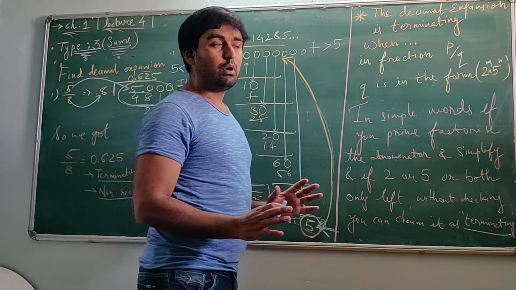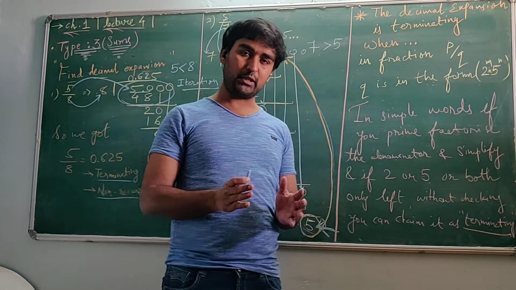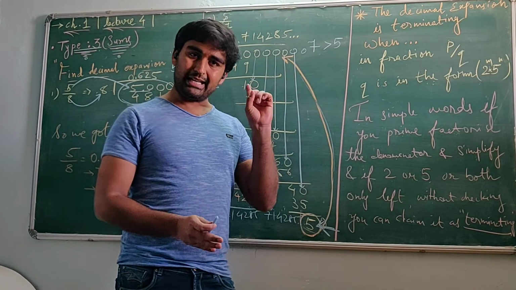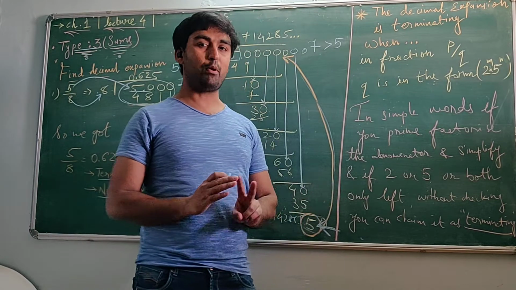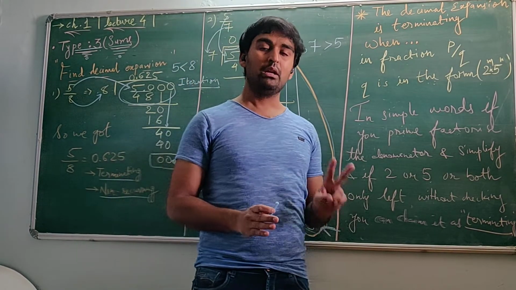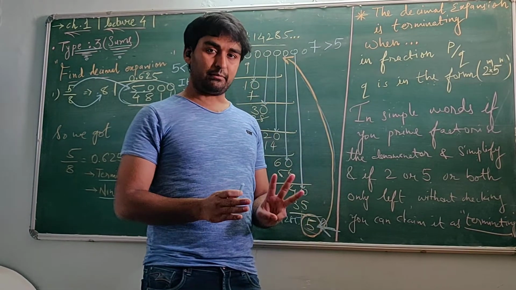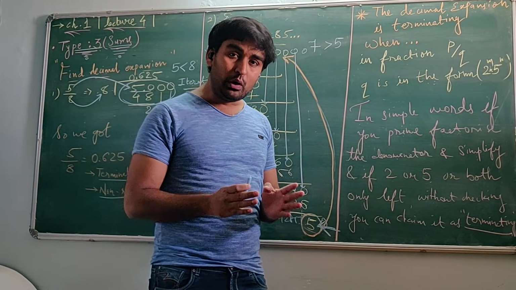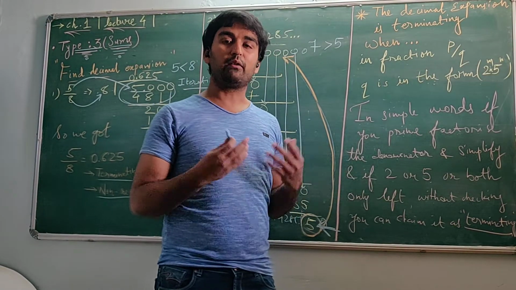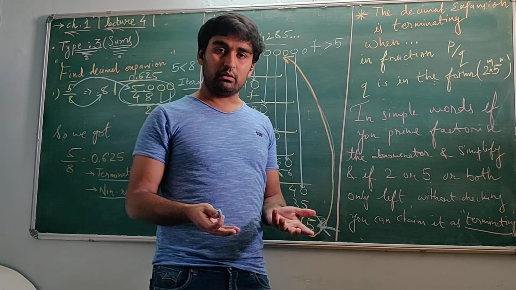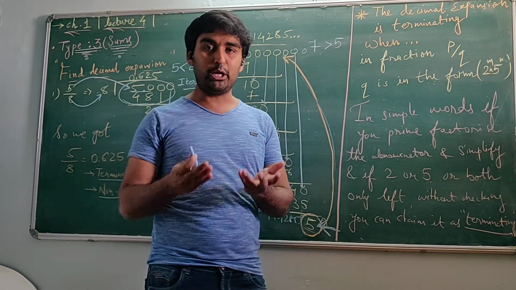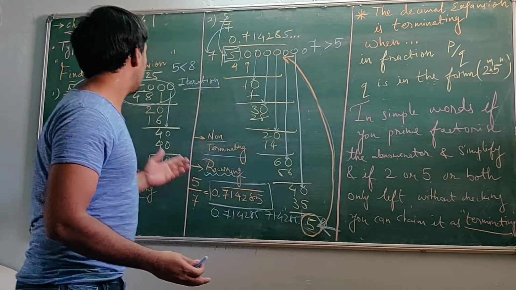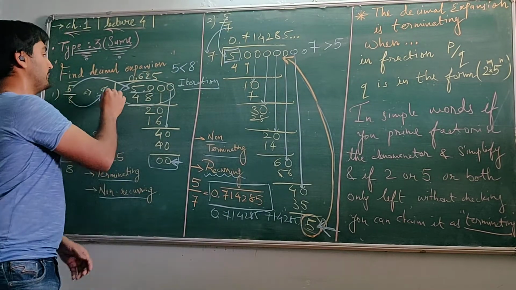Again in simple words: step number 1, you need to prime factorize. Step number 2, you need to simplify, meaning whatever is possible to cancel out, you cancel out. Step number 3, check whether there are only 2's or a group of 2's, like 4, 8. For example, 8 can be written as 2 multiplied by 2 multiplied by 2. In this question also we have seen 8.